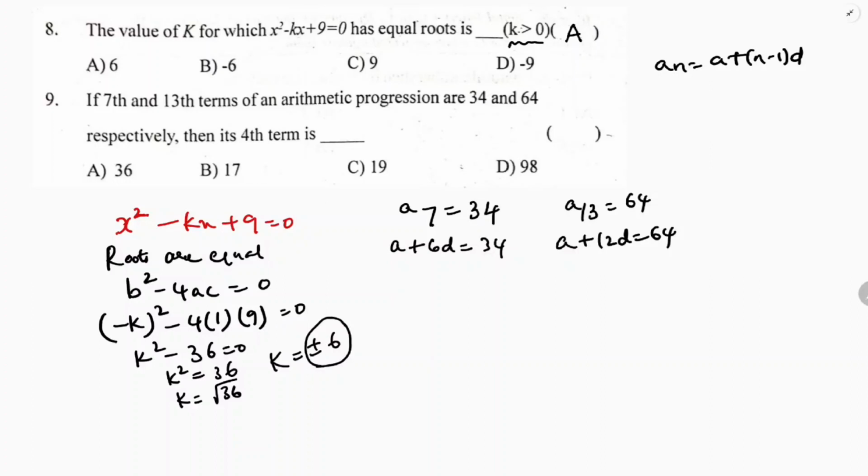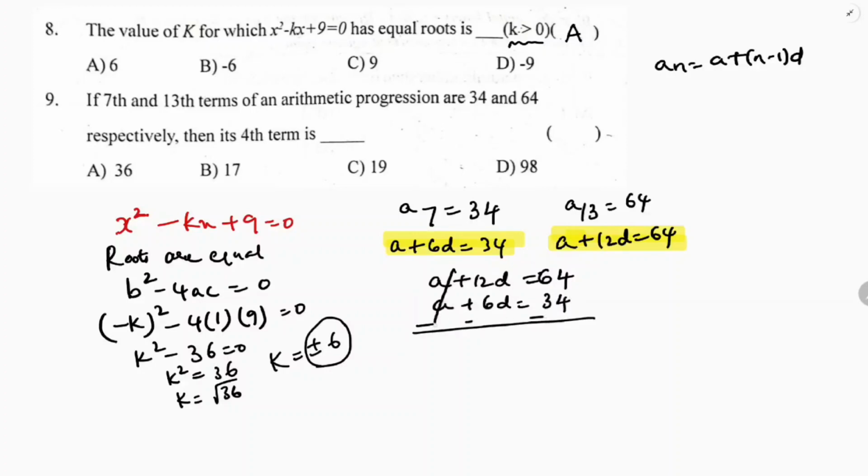So if I simplify these two equations and solve, I'll get a plus 12d is 64, and a plus 6d is 34.